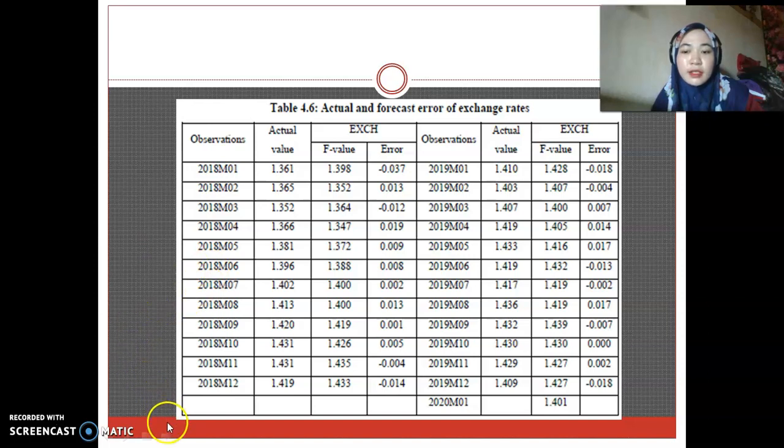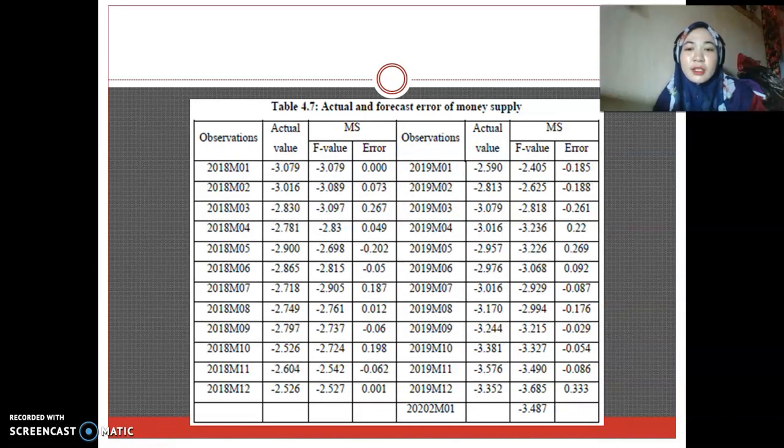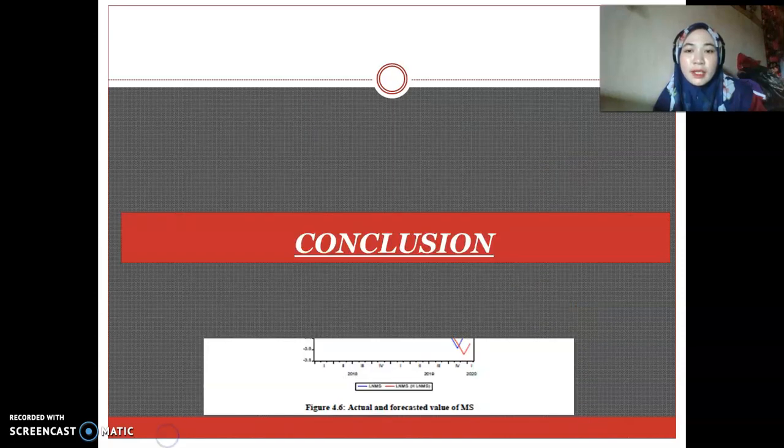You can see that it shows the smaller value of error, and the forecast value in January 2020 is 4.808, which is not deviated much from the previous value. It is stable, 4.6 for exchange rate and 4.7 for money supply. And this is my graph of actual and forecast values of the three variables.